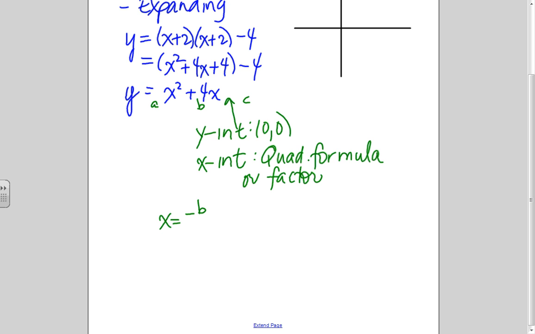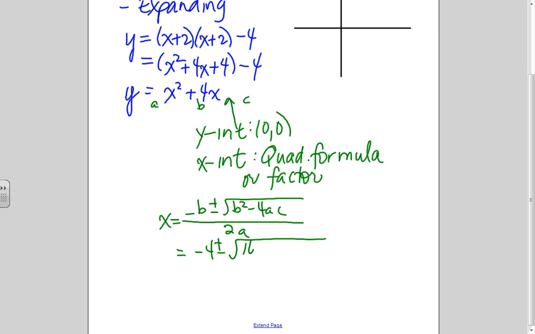My formula is minus b, plus or minus the square root of b squared minus 4ac, over 2a. Let's plug in the numbers. Negative b is negative 4, plus or minus b squared is 16, minus 4 times a, which is invisible 1, times c, which is 0, over 2 times invisible 1.